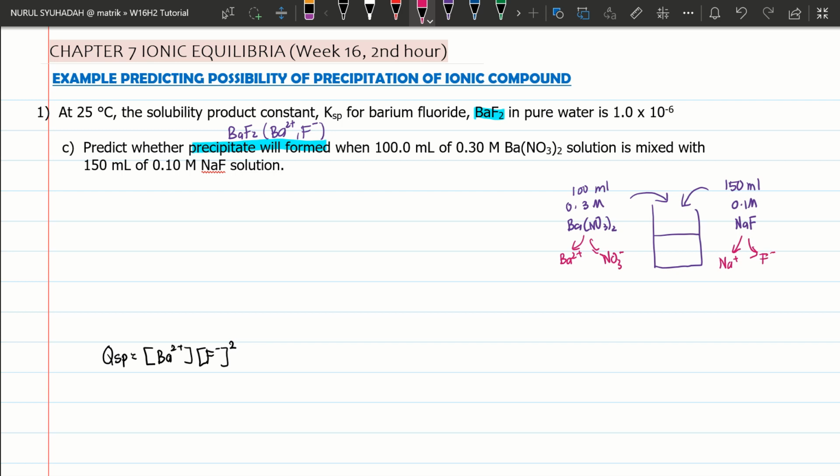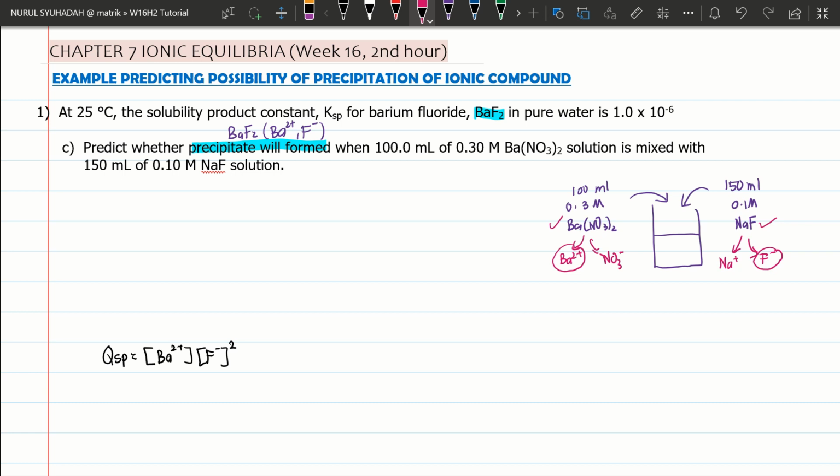So, from here, clearly you can see that concentration Ba2+ will come from barium nitrate, and concentration F- we will get from NaF, sodium fluoride. Okay.